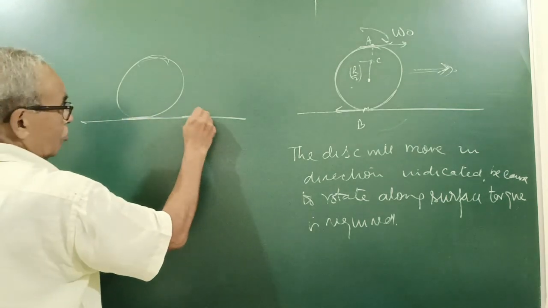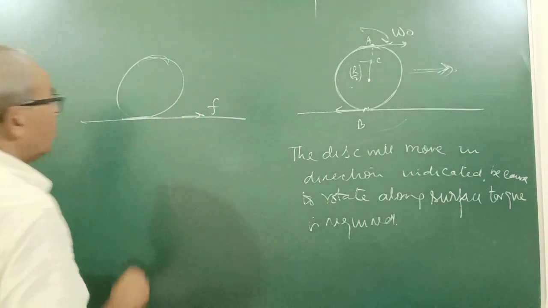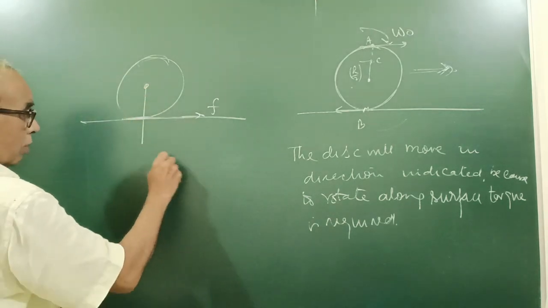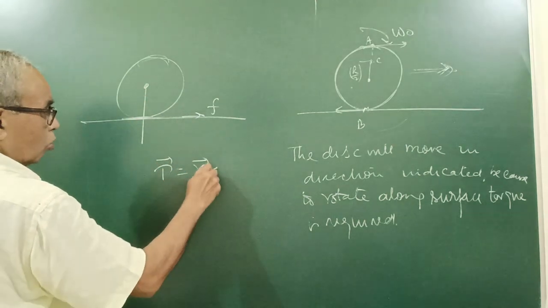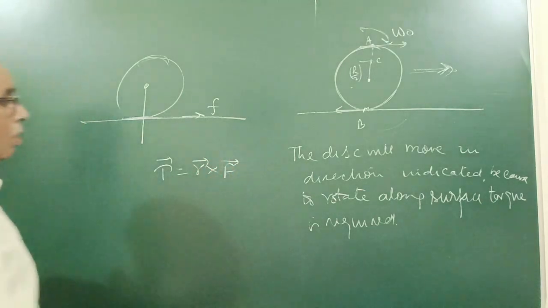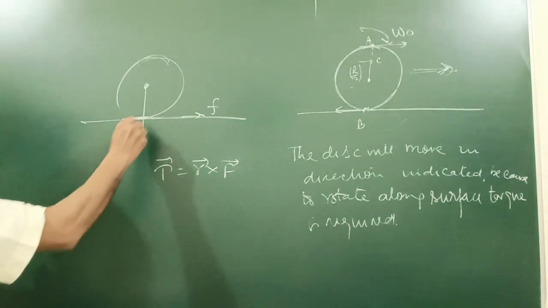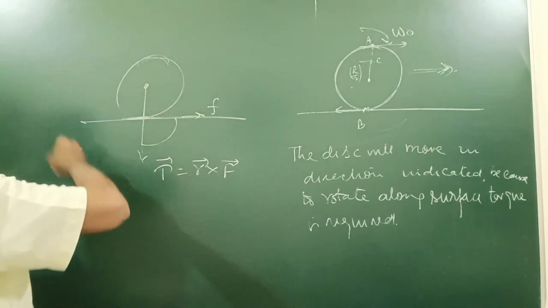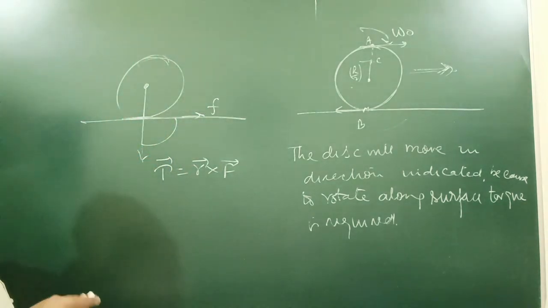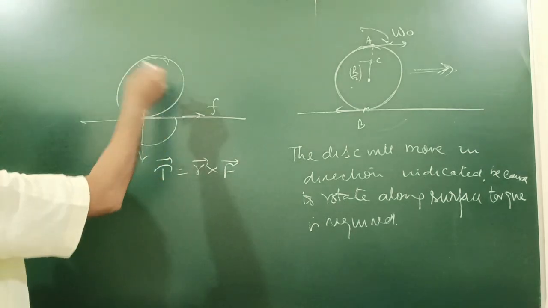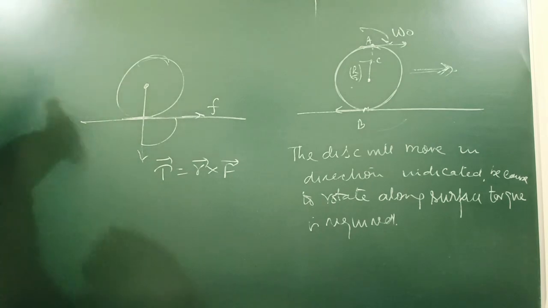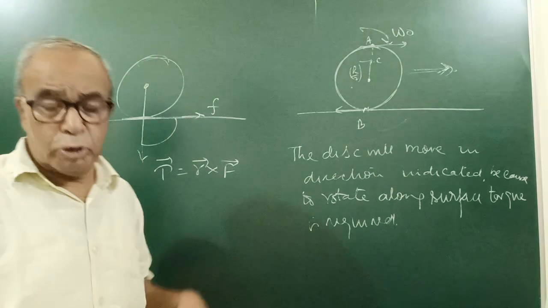The force of friction will be in the forward direction. Torque, vector torque, equals R cross F, as I told you. Taking the direction this way, R cross F is outward, and it produces retardation, opposite to the angular velocity omega.